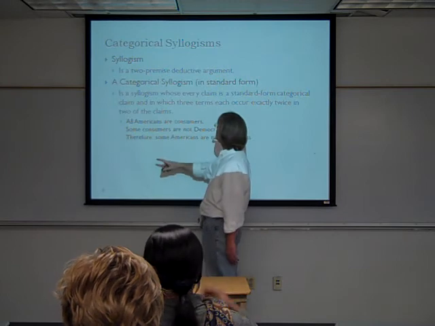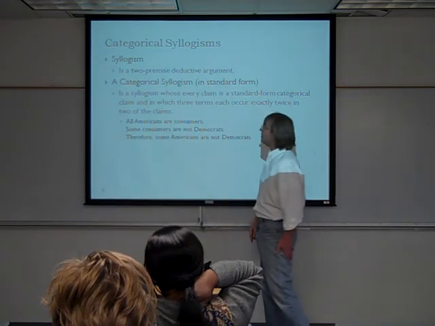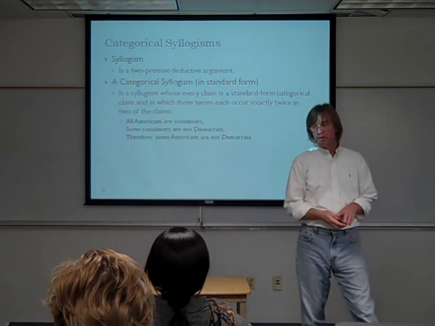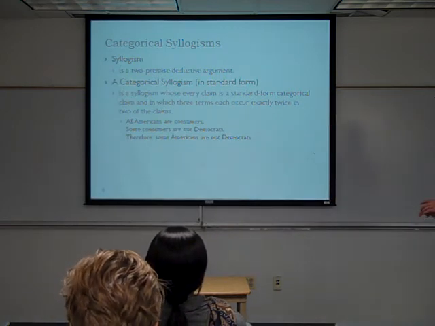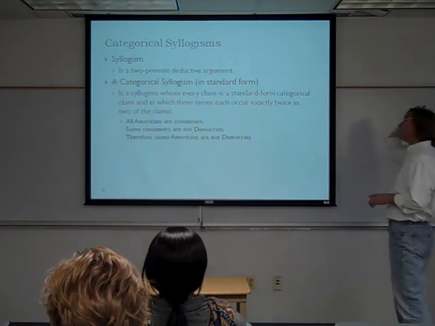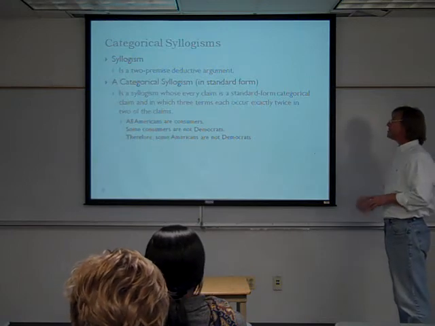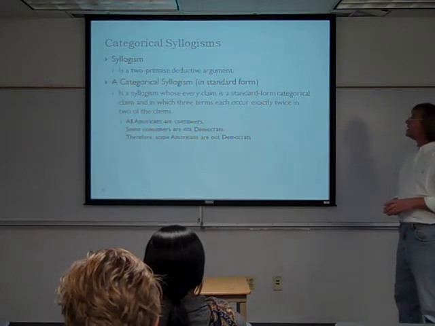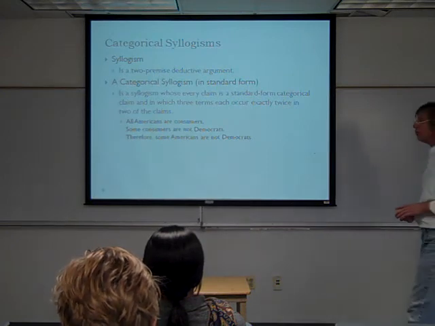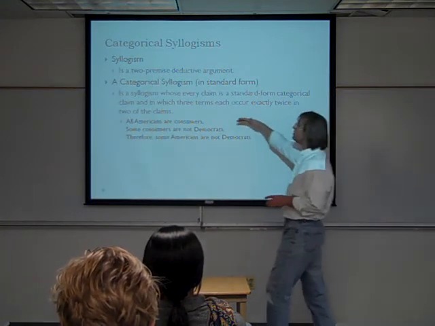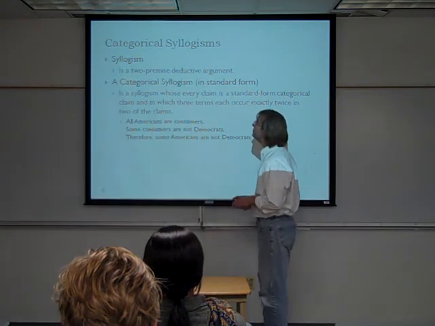So you have Americans, you have consumers, and you have Democrats. And they're each going to occur twice in the categorical syllogism. All Americans are consumers. Some consumers are not Democrats. Therefore, some Americans are not Democrats. It's a simplistic argument, but you see how it works. Categorical claims in each position, two premises, and then a conclusion.